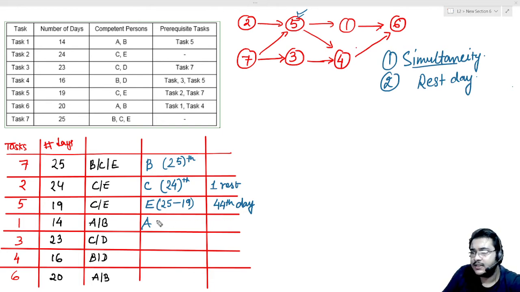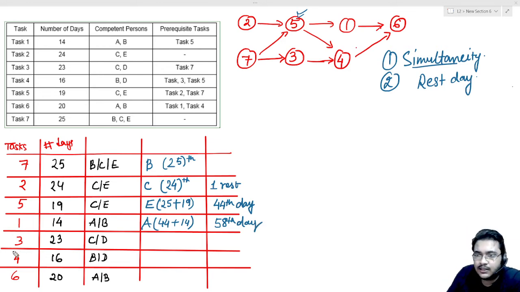So 44 plus 14. Okay, you can also use the plus sign, doesn't matter. Actually, the idea behind me writing it is that starting from the 44th day plus 14 days, that is going to be the 58th day. So far so good.